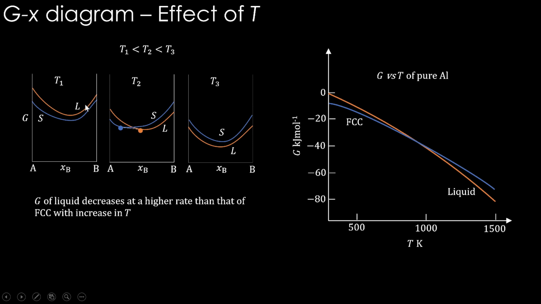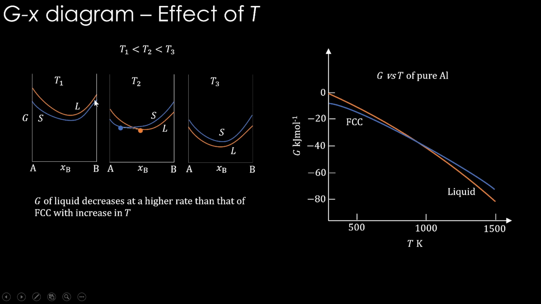Therefore, the liquid, which is not stable throughout the composition at some lower temperature, becomes the only stable phase at higher temperature throughout the entire composition. So it is overtaking the solid's curve. Okay, so solid is also decreasing, liquid is also decreasing. Liquid decreases at a faster rate, eventually becoming stable at high temperature.